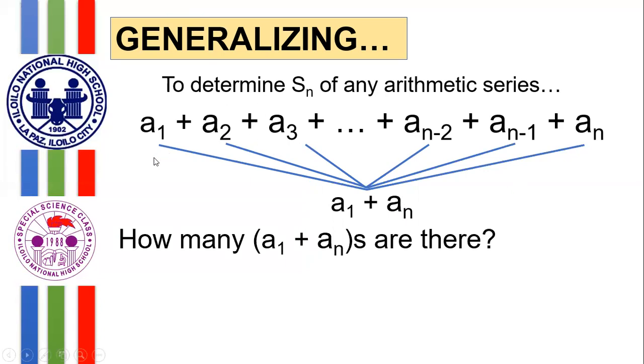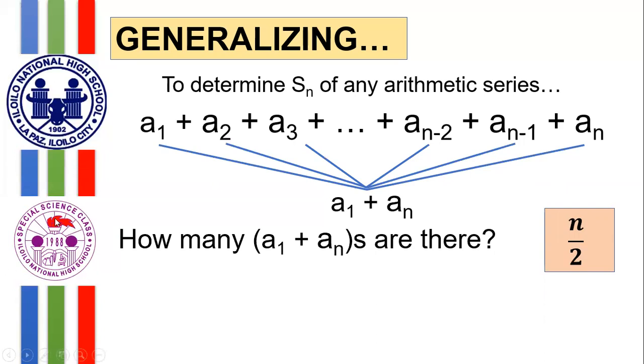Remember, you are taking them by pairs. And to determine this, remember, there are n terms here. Since there are two numbers involved in a pair, we could say that there are n over 2 pairs of numbers that would add up to a sub 1 plus a sub n. For the meantime, I will assume that n here is an even natural number.